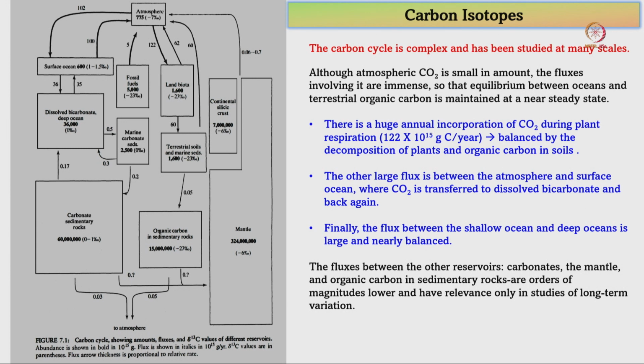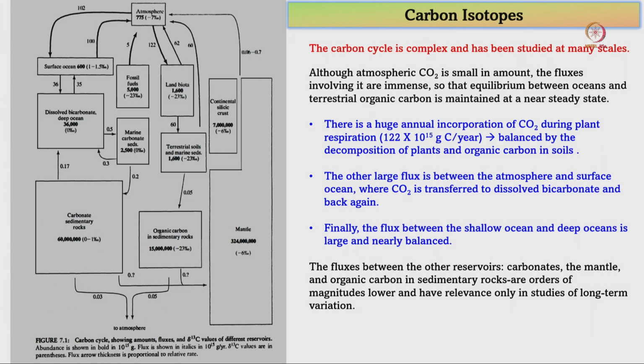Okay. So, in general we consider that there is a steady state in every elemental cycle. Elemental cycle means how an element moves across different reservoirs through the earth. So, there are rocks, mantle, crust, water, atmosphere, biomass. So, there are different components of earth.